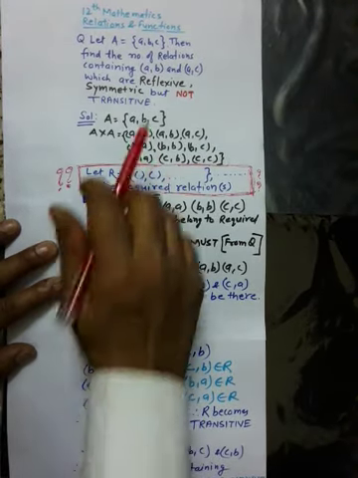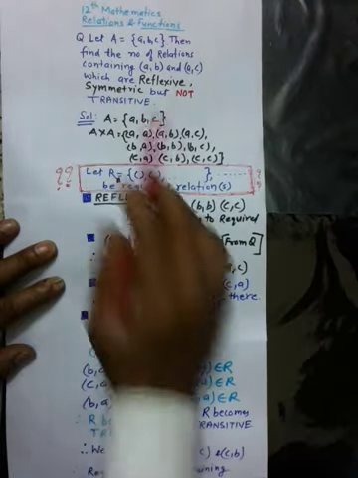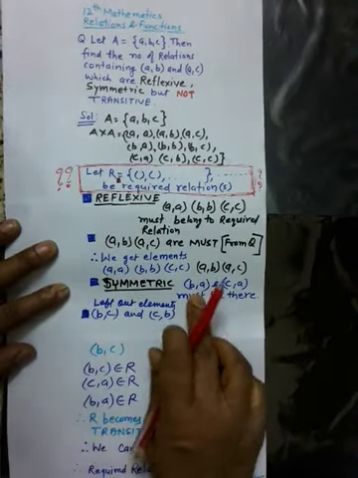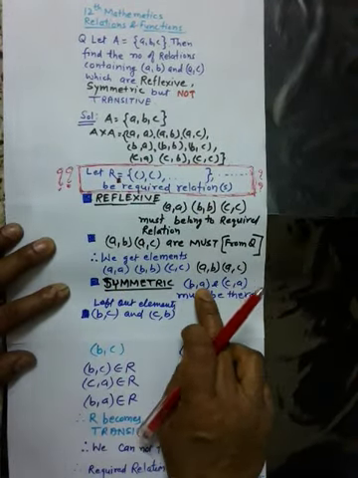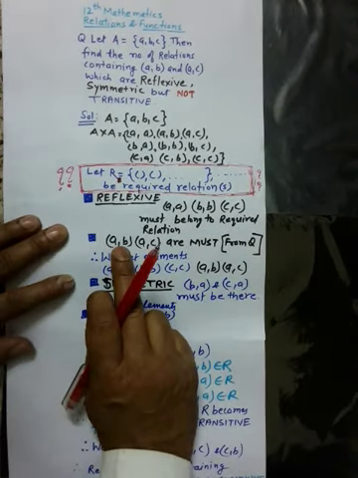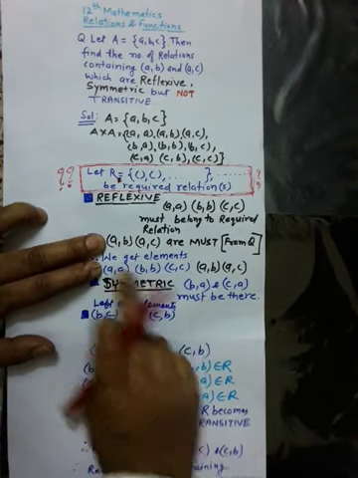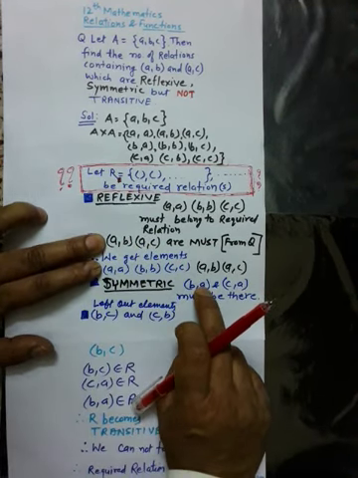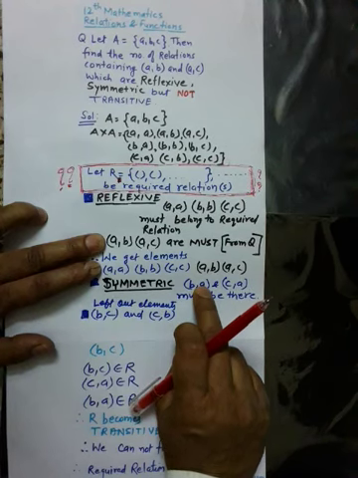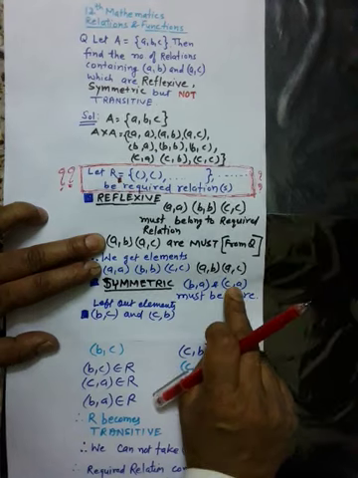Now see, it is also given in the question that after reflexive it must be symmetric also. So for symmetric, (b, a) and (c, a) must be there. Here (a, b) and (a, c) are there. So for (a, b), (b, a) must be there so that it is symmetric, and for (a, c) we must have (c, a).